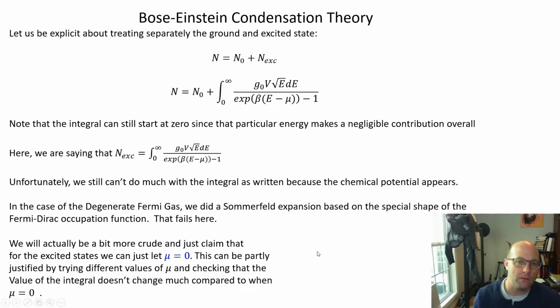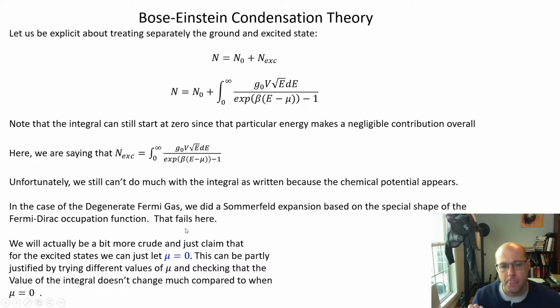There are ways that you can make this more mathematically rigorous and maybe even a little bit physically clear that we're not going to do in this class. Basically, you would make some arguments in terms of a fugacity parameter that we talked about many lessons ago when we introduced grand canonical.